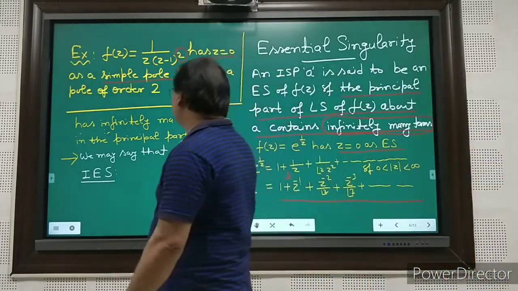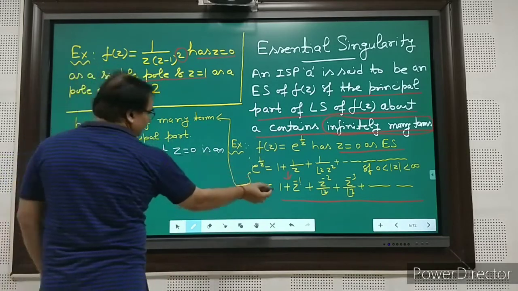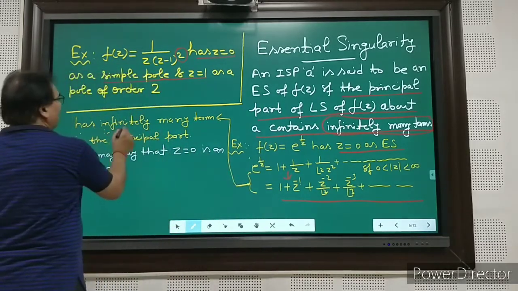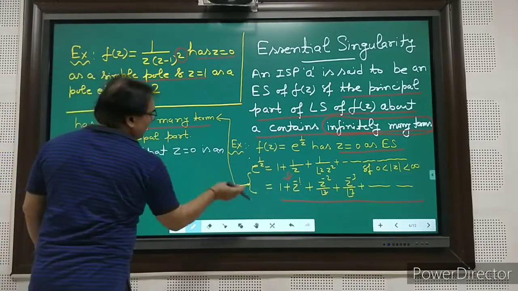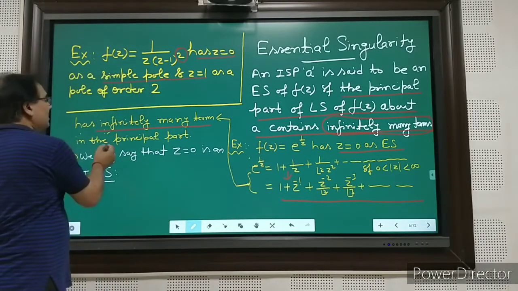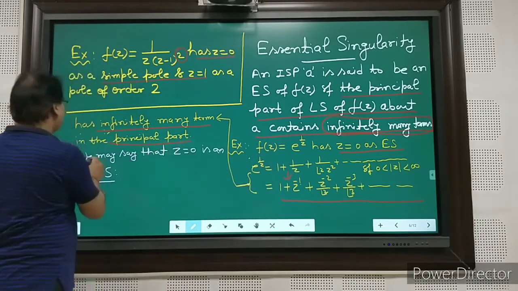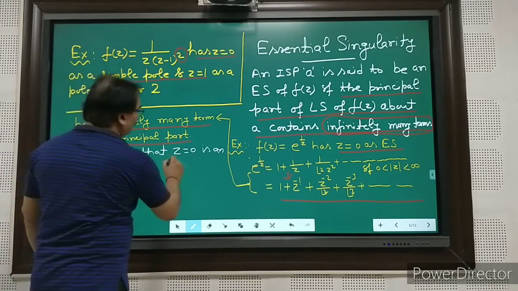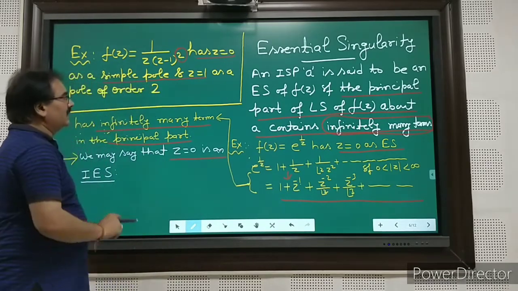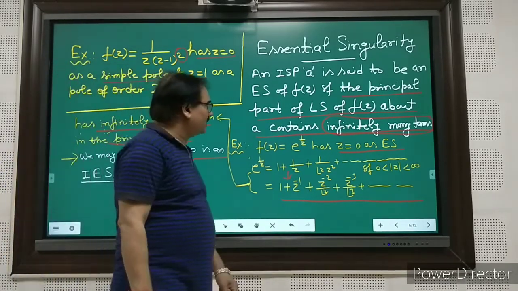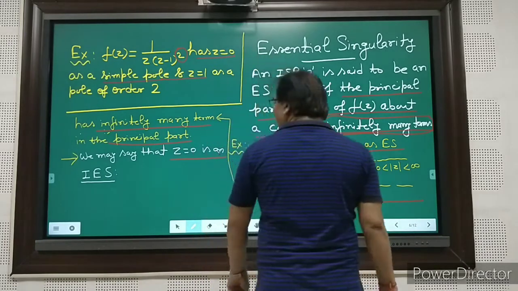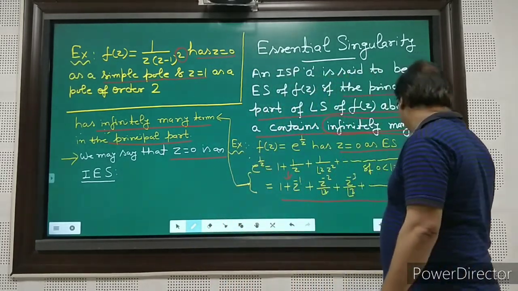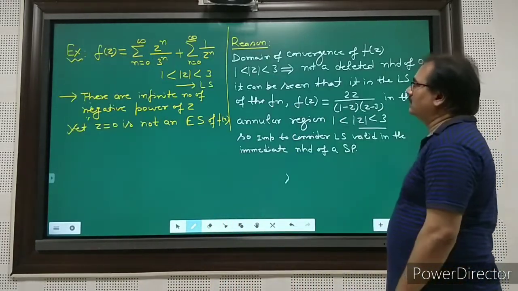This series has infinitely many terms. This is an infinite series in the principal part. It means we may say that z = 0 is an essential singularity. So in this way you can define this term.